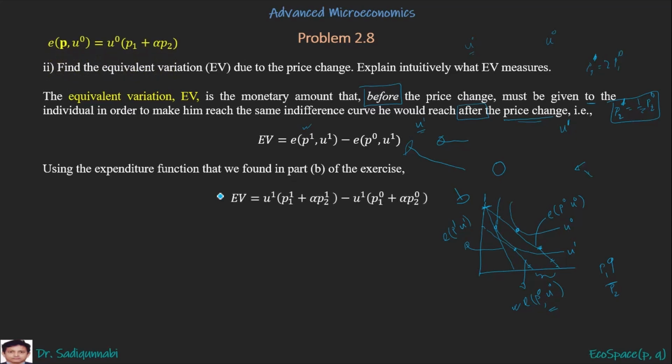We insert this into that, in both cases, and apply the condition for price change: P1 equal to double P1 superscript 0, P2 equal to half P2 superscript 0.